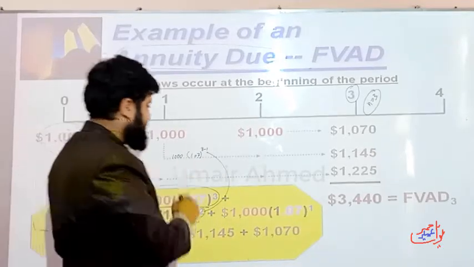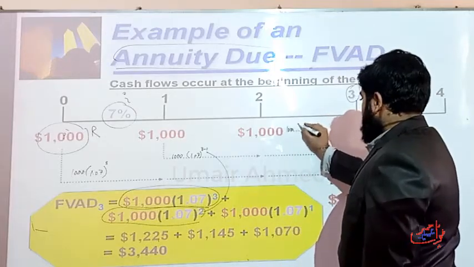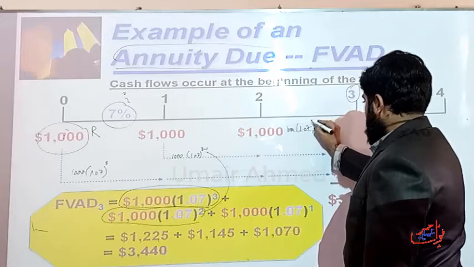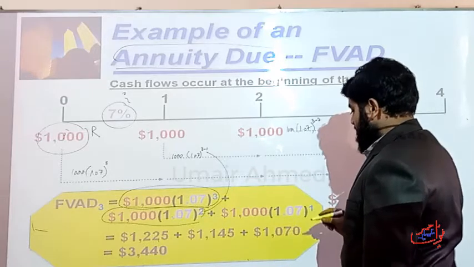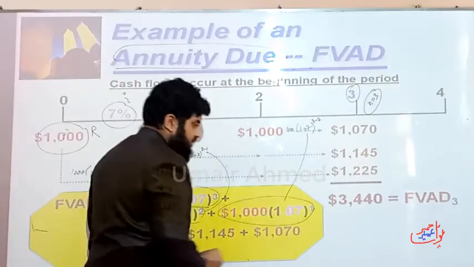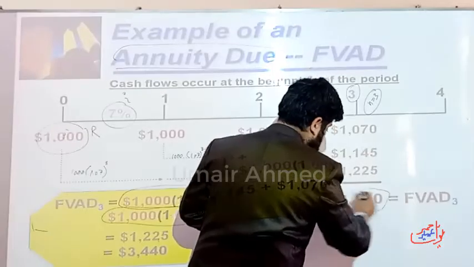For the last year, how will we calculate? So 1000 multiplied by 1.07 to 3 minus 2. So it will become this one. So here is the difference between both.